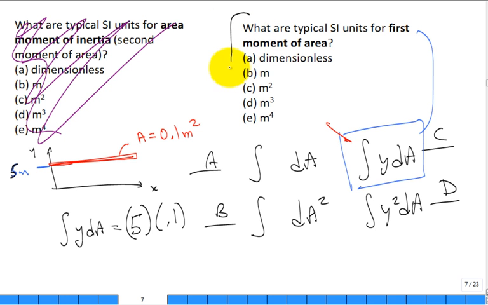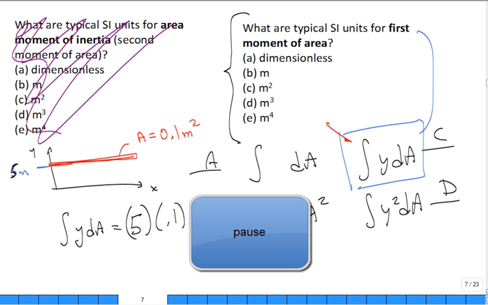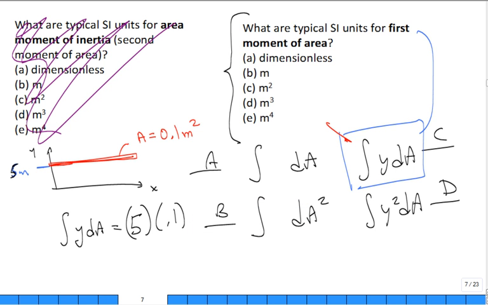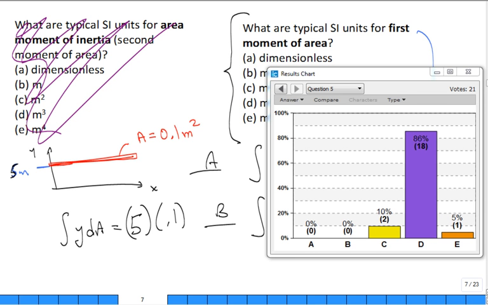I'm going to go back and ask this question one more time. What are the typical SI units for the first moment of the area? Let's put it in multiple choice. All right, I'm glad that we have a lot more people that are correct, although I'm a little disappointed in myself that we don't have more correct.